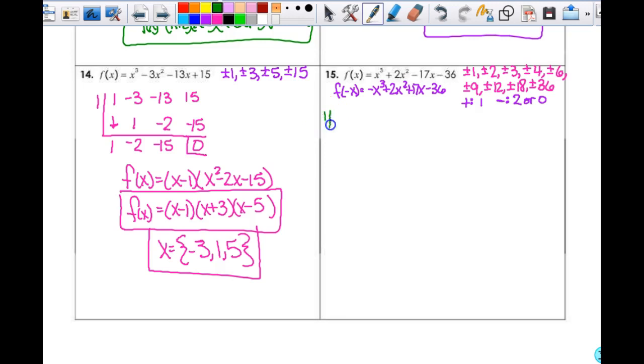Start with 1, and that's going into 1, 2, negative 17, negative 36. So it's 1, 1, 3, 3, negative 14, negative 14, negative 50. So that doesn't work. Negative 1 to 1, 2, negative 17, negative 36.